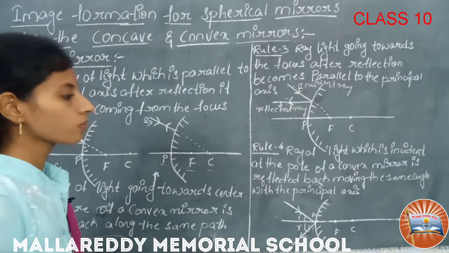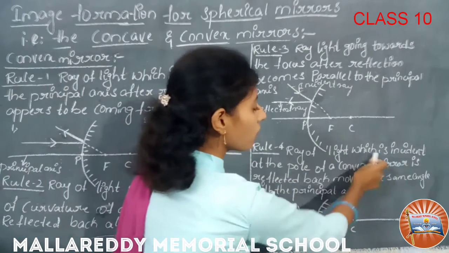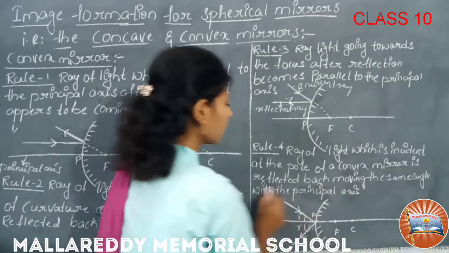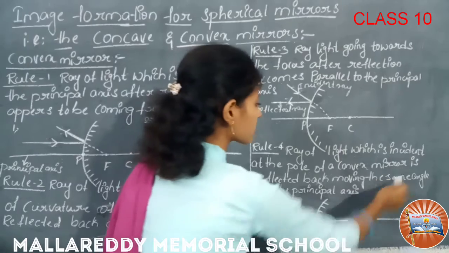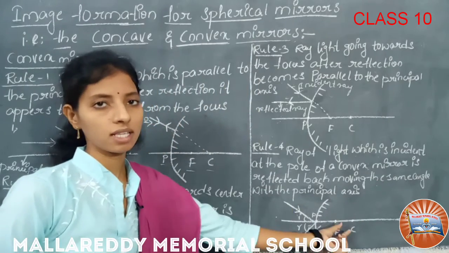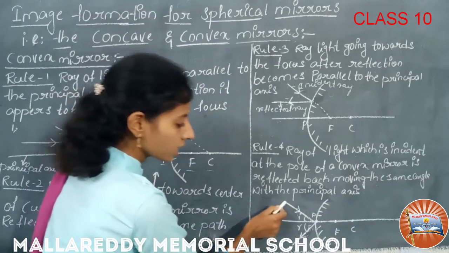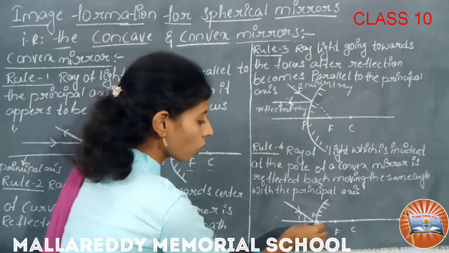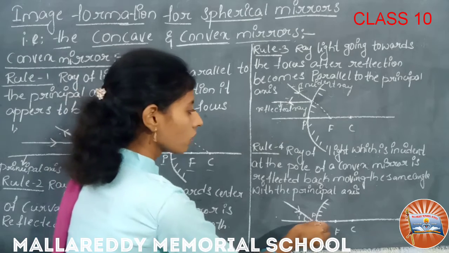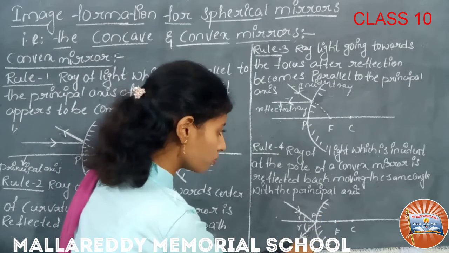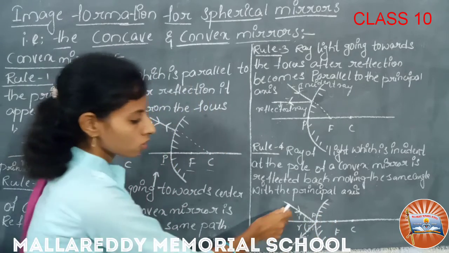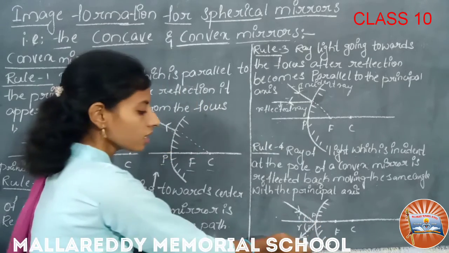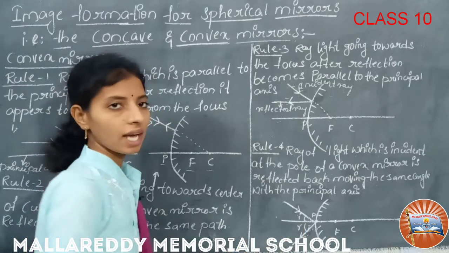Now come to rule 4. The ray of light which is incident at the pole of a convex mirror is reflected back making the same angle with the principal axis, right. The angle made by the incident ray is the same as the angle made by the reflected ray with the principal axis.